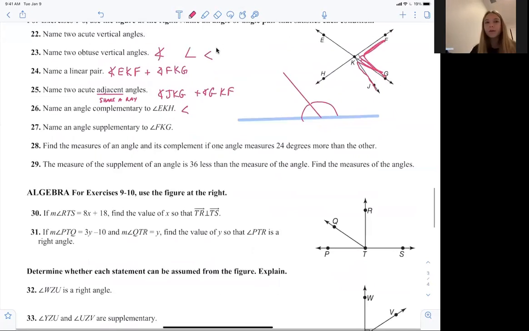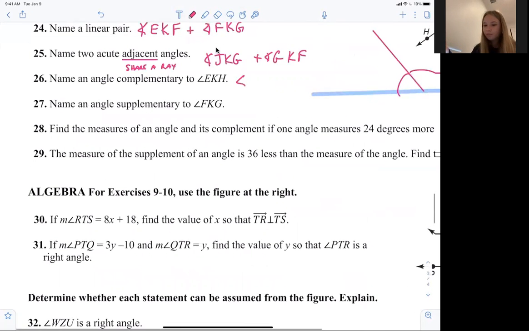All right. Now we have two new, well, these aren't new words. Somebody remind me what complementary means and what does supplementary mean? Complementary just means two angles that add up to 90. And supplementary are two angles that add up to what? 180.